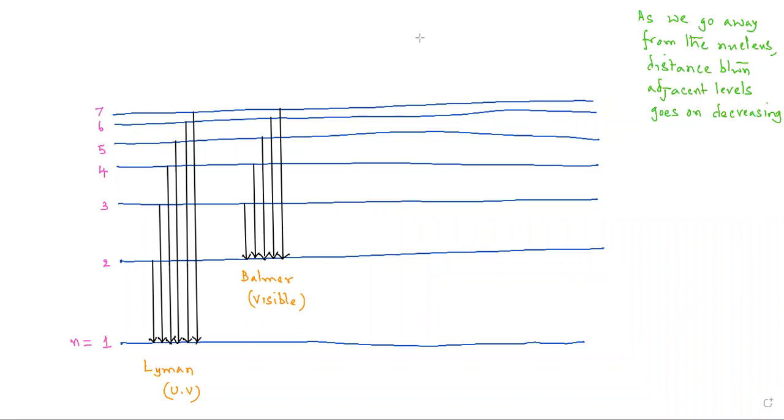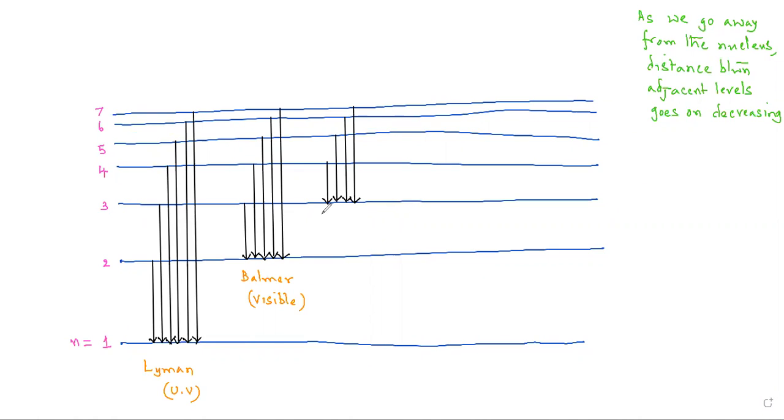Then from any higher energy level, say to the third orbit. And of course, from the fourth one. Okay. Look at the way I'm showing them.